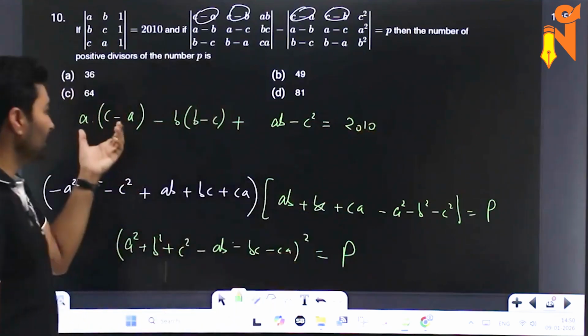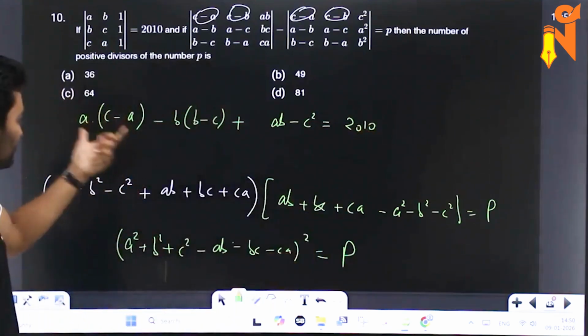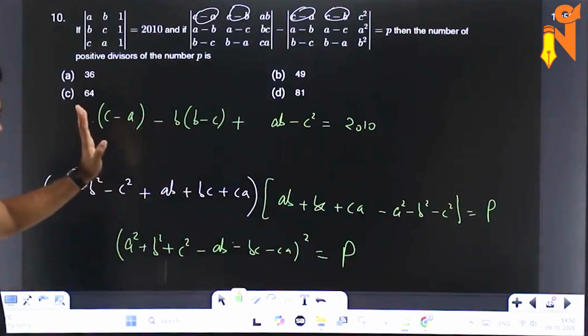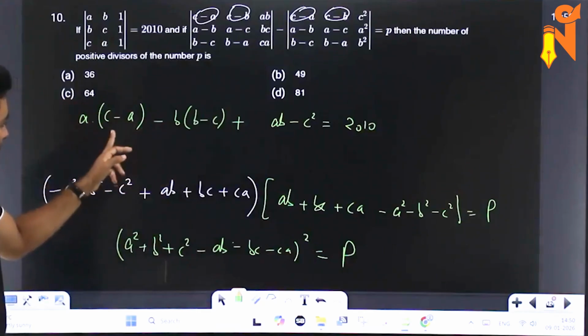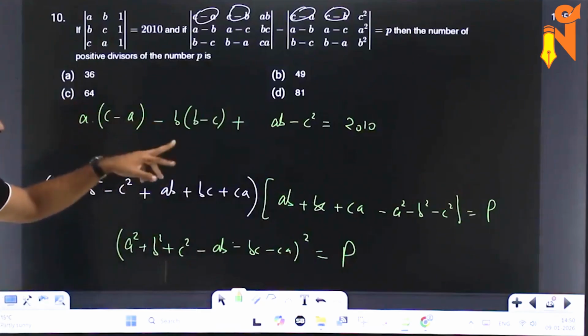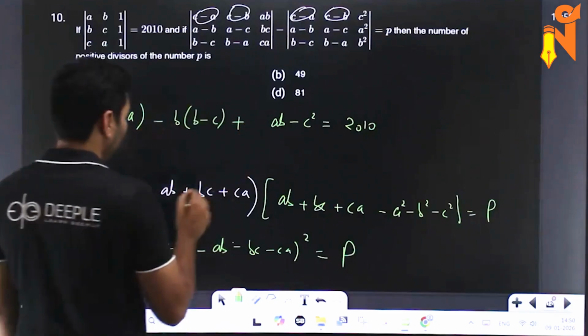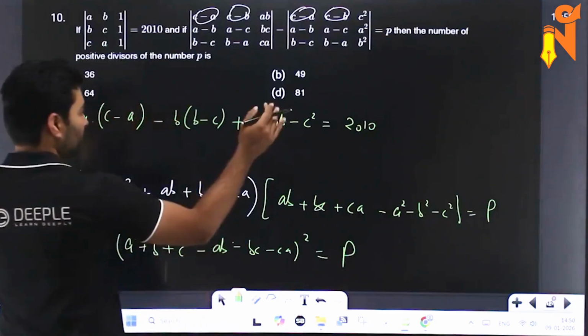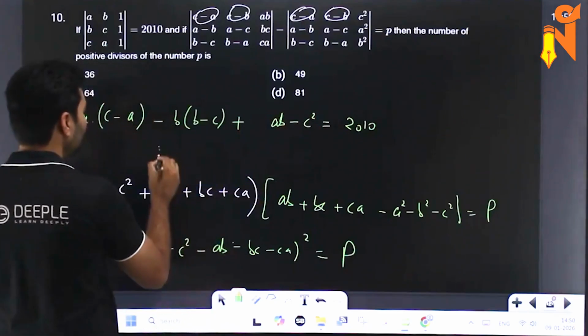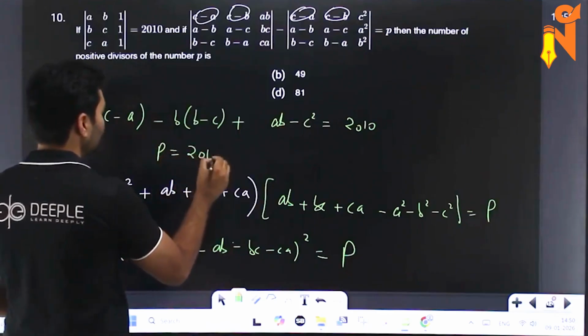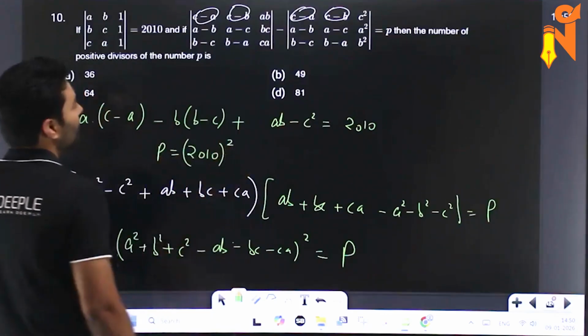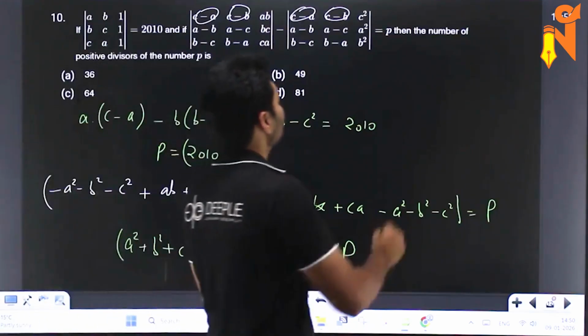So if you simplify this expression, this is actually minus of A square, minus of B square, minus of C square plus AB plus BC plus CA equal to this. So from here, can I say that this value I can use here? Yes. So P is equal to 2010 power 2. Now P is this.